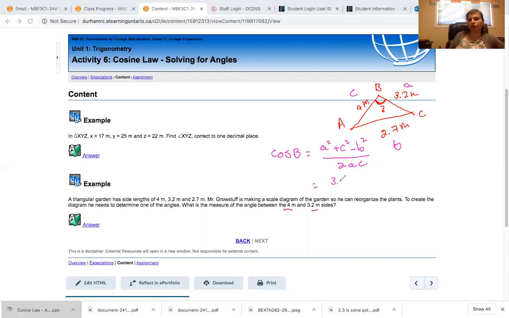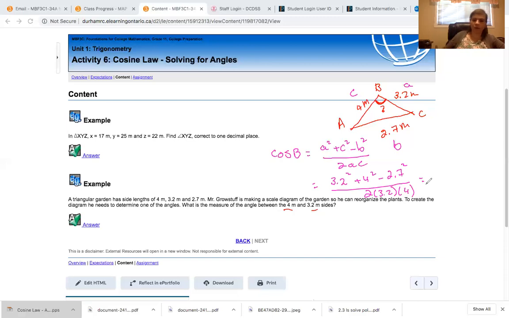So let's plug in the information. A is 3.2, so it's going to be 3.2 squared plus 4 squared minus 2.7 squared over 2 times 3.2 times 4. And again, we're going to find the top first and then find the bottom.